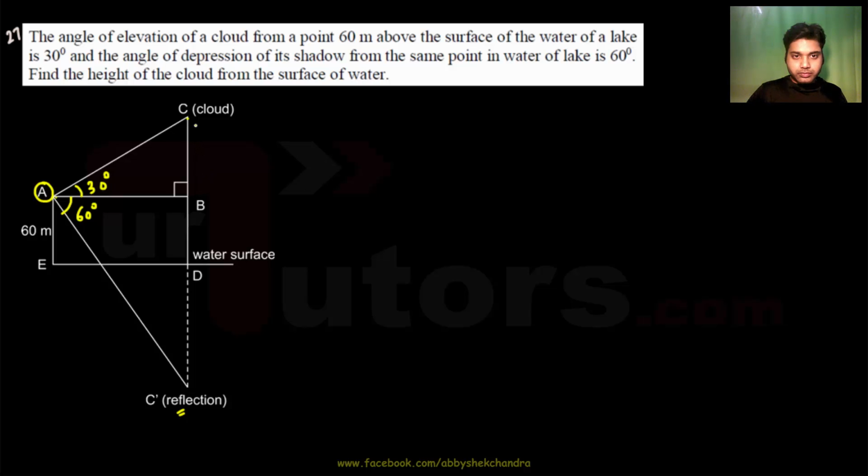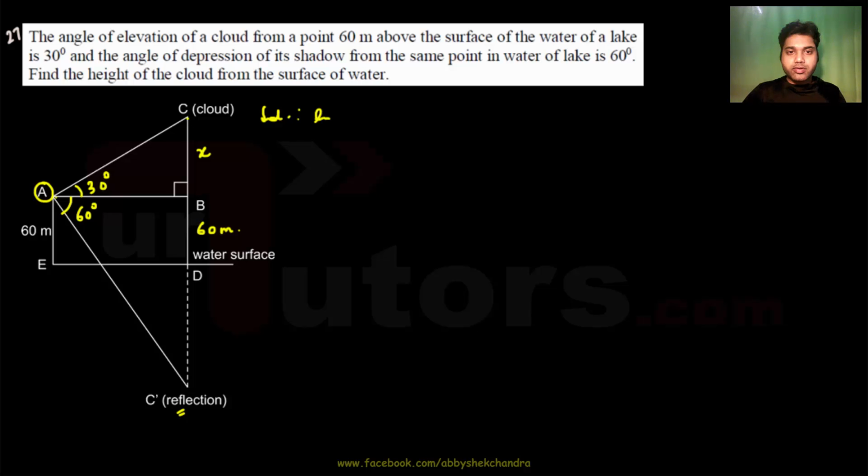So let BC be X. Now since AE is 60, what will BD be? This will also be 60 meters, right? Now let's try and solve it. So let's calculate AB from triangle ACB and from triangle ACB dash and equate both the values.